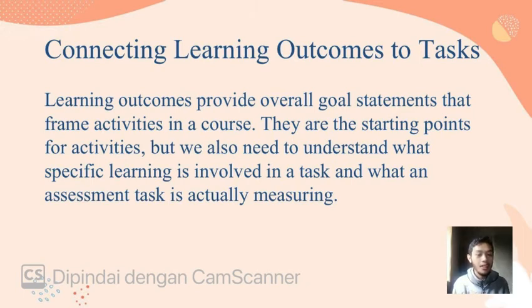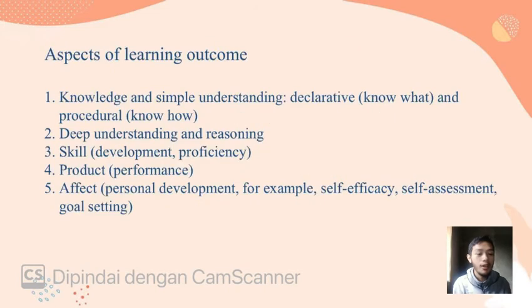Now let's see the several aspects of the learning process. There is the first, knowledge and simple understanding, which is declarative and procedural. It is know what is it, and know how is it.